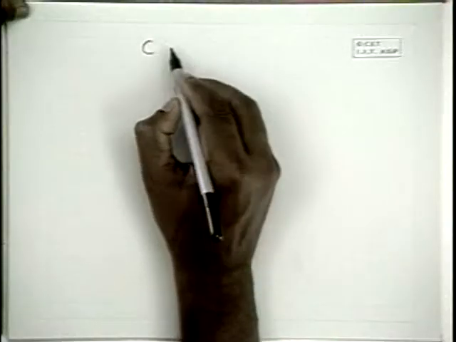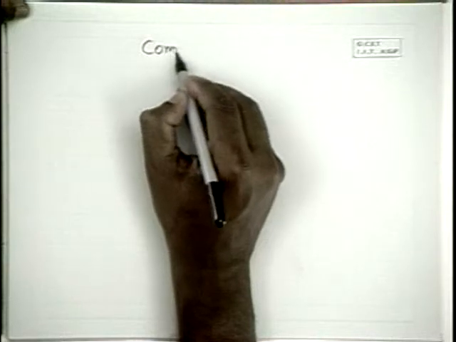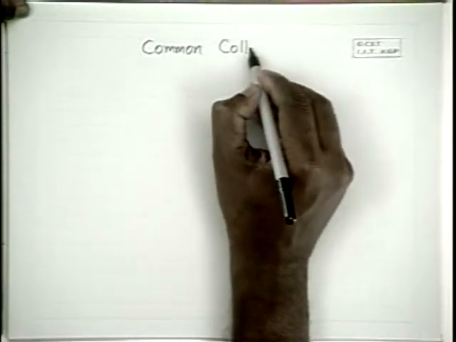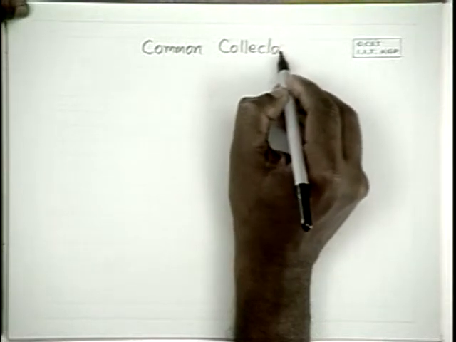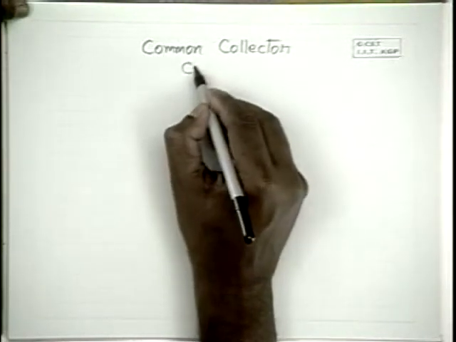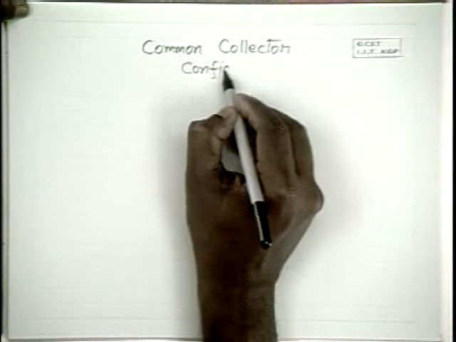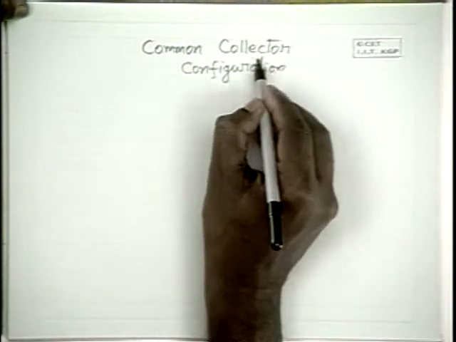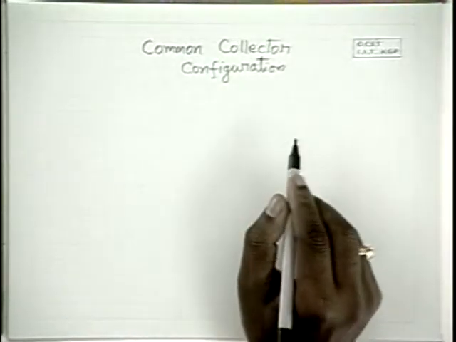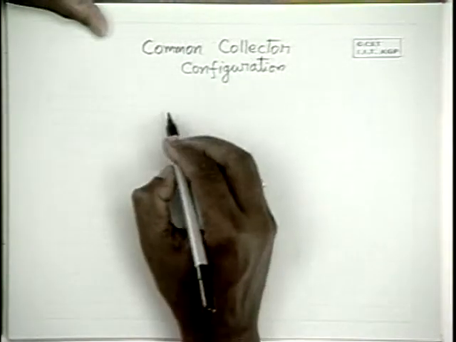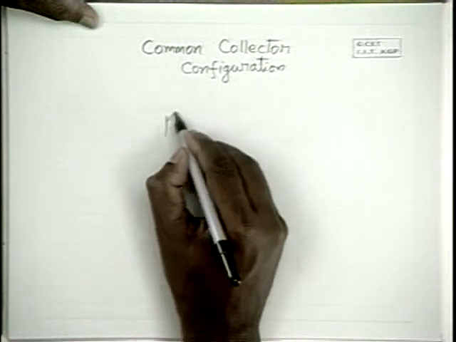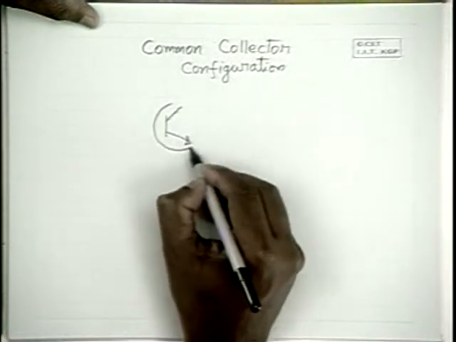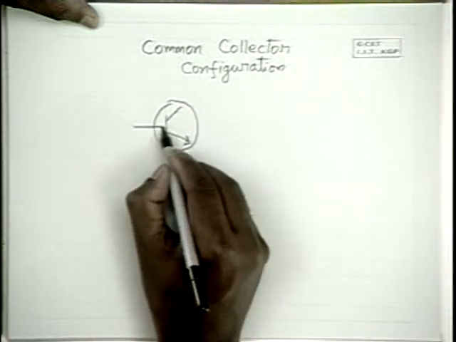So there is another configuration of the transistor. It is the common collector configuration. In the common collector configuration, say this is an NPN transistor.